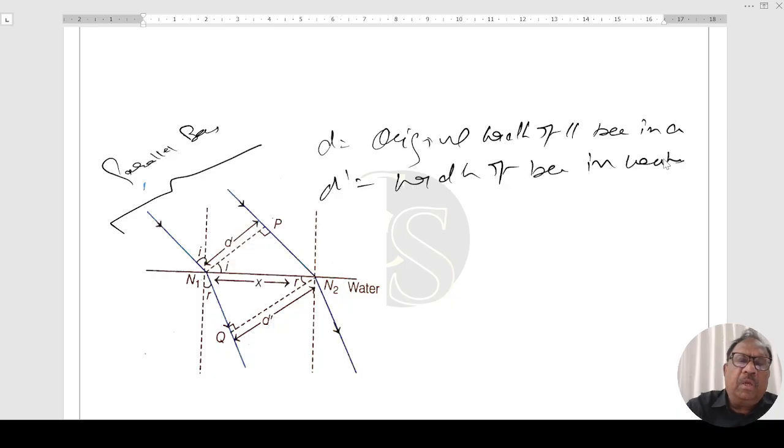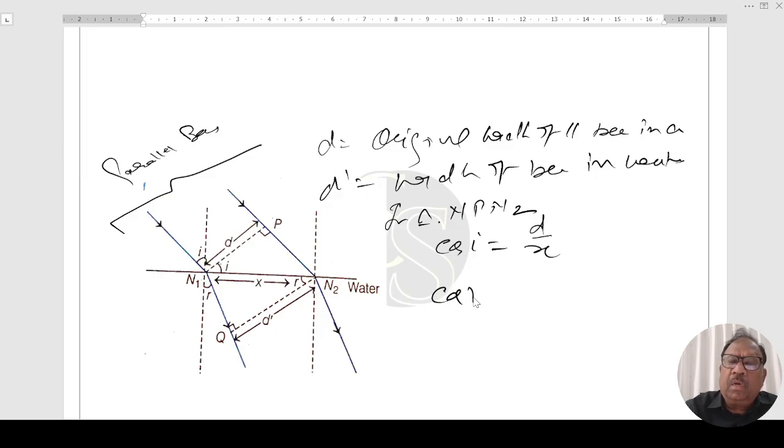Right? This is the angle of incidence, this is the angle of the wavefront. Now, in this triangle N1, P, and 2, cos I will be equal to d upon x; this is 90 degrees, this is the hypotenuse, this is the base.